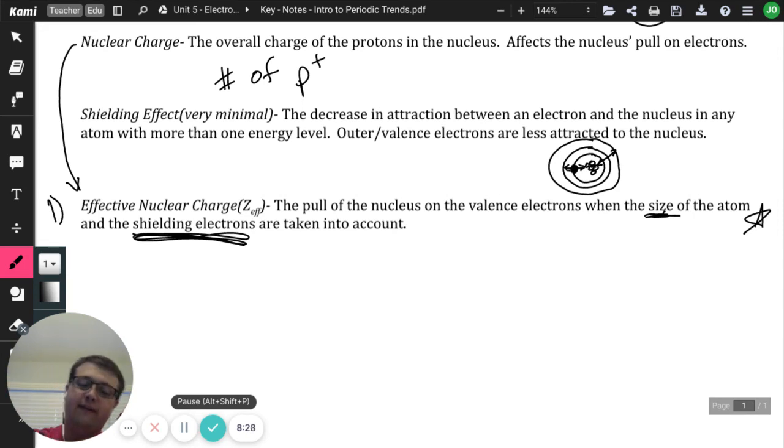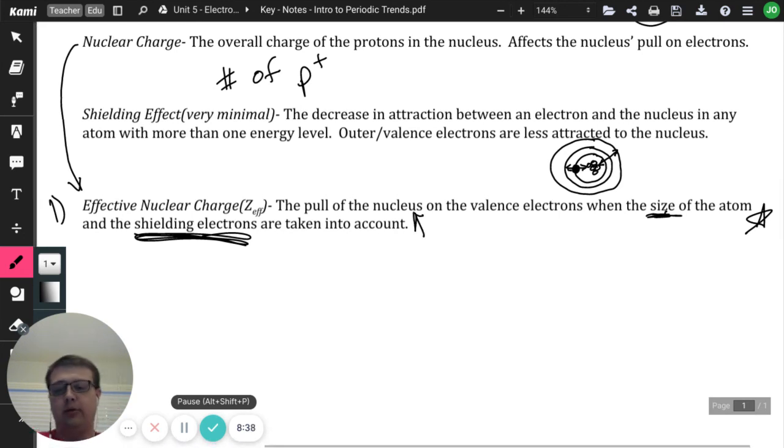And so the effective nuclear charge is essentially us saying, hey, at this point, we're not going to be able to hold on to those electrons anymore, okay? It is that pull of the nucleus on the valence electrons. And eventually, those electrons are going to be so far away, and there's going to be such a small nuclear charge, that we're going to have very little pull on those electrons, and so they're going to be able to get away.